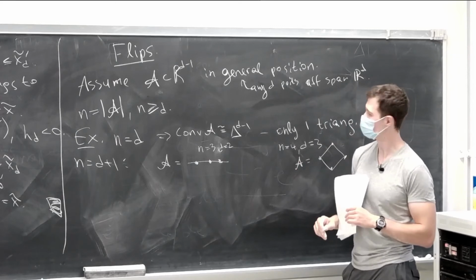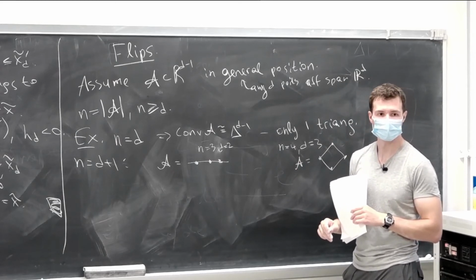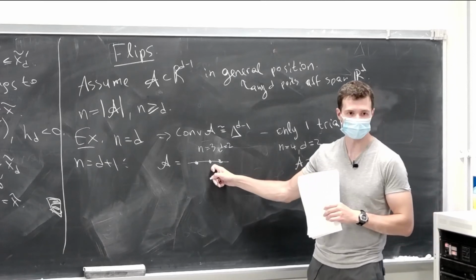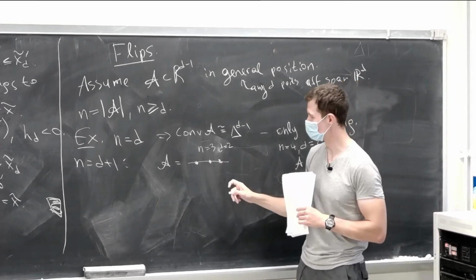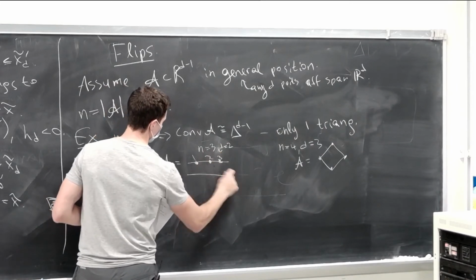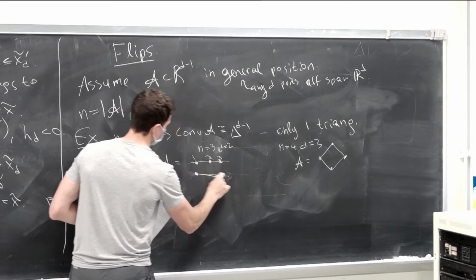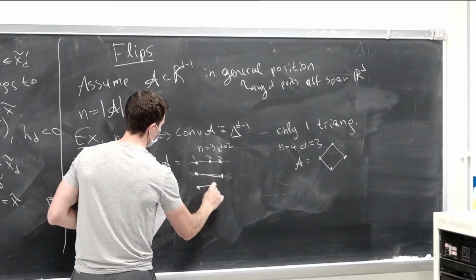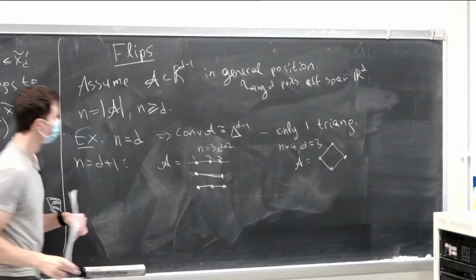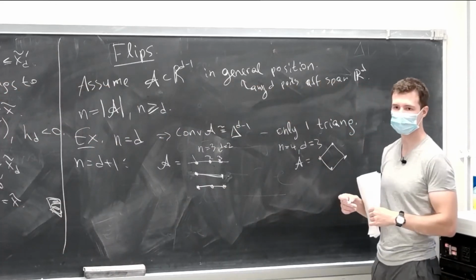So what happens in these cases? There's 2 triangulations. All right, so indeed, if you have 1, 2, 3, then you either get the whole line segment as a single simplex, or you get 2 simplices. And what about n equals 4 and d equals 3?